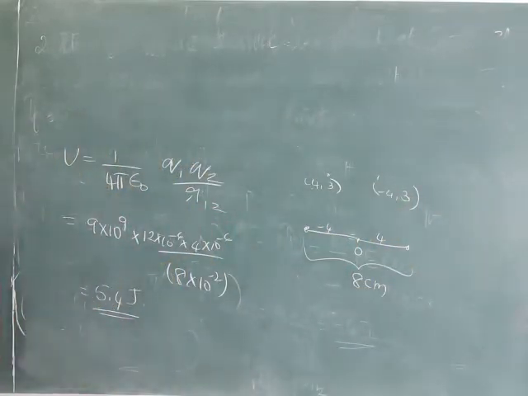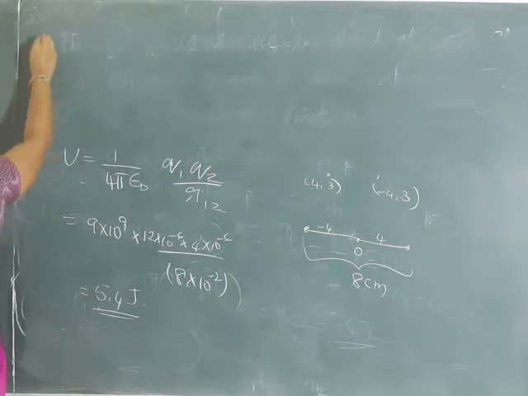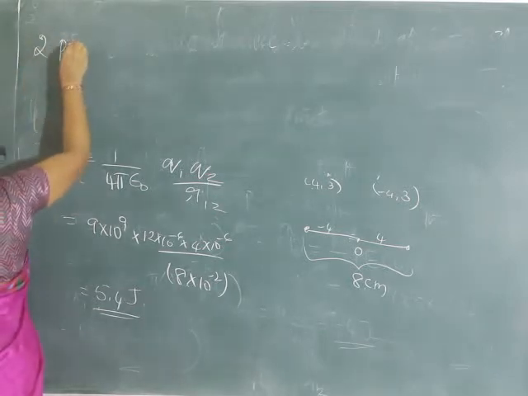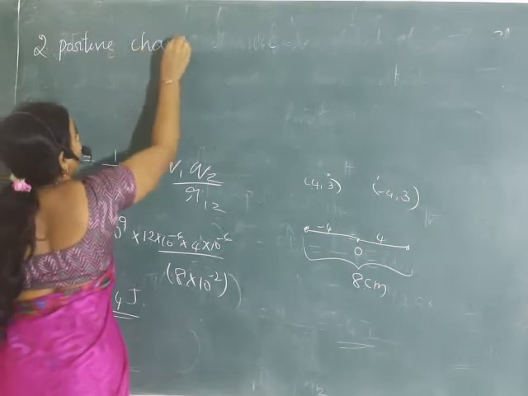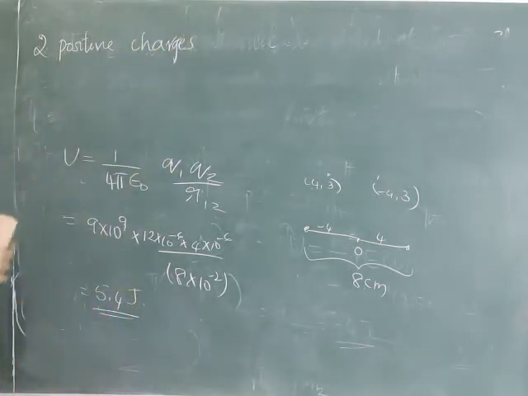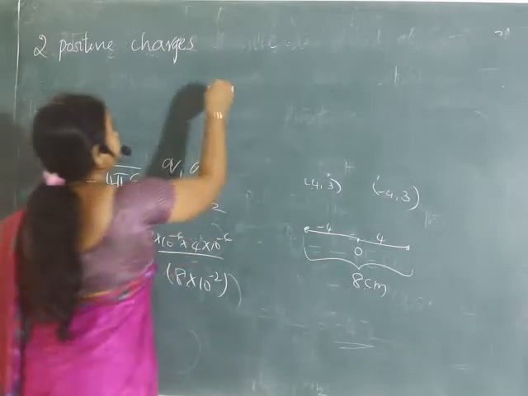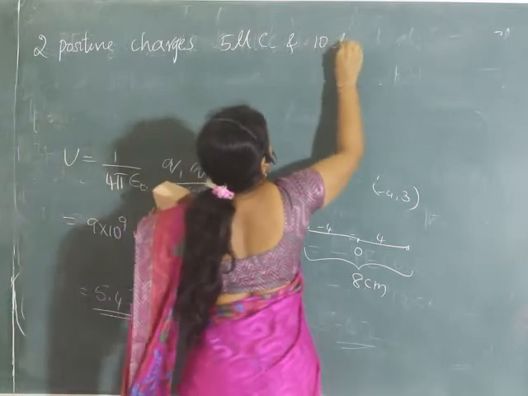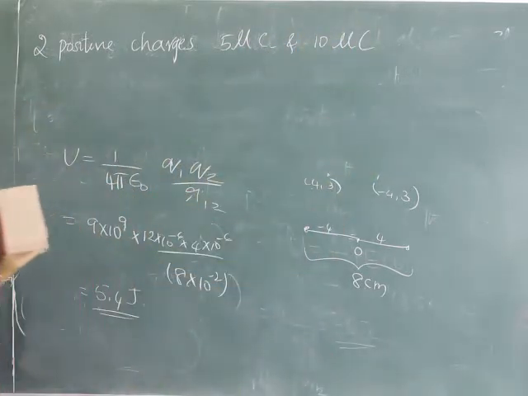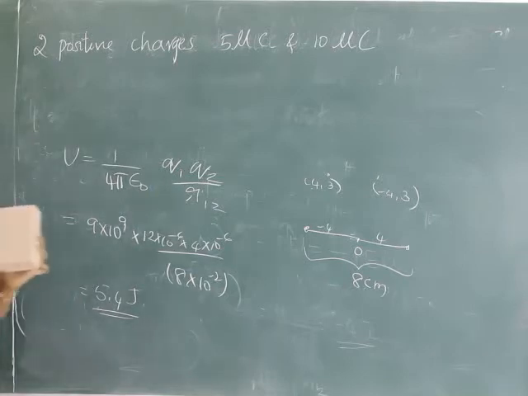Two positive charges (5 microcoulomb and 10 microcoulomb) are placed 10 centimeter apart.